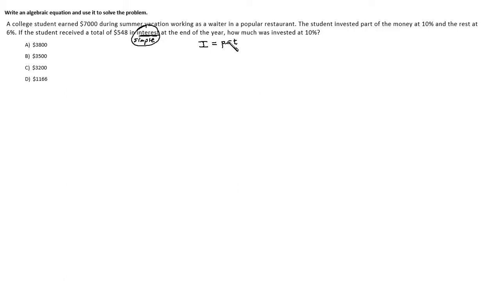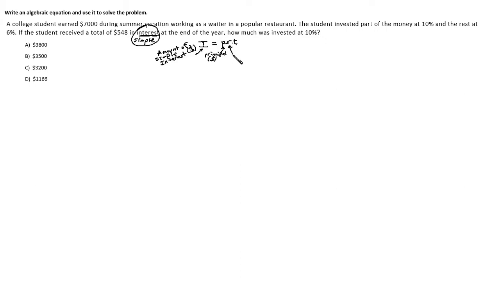I equals P times R times T. I is the amount of simple interest, an amount of dollars. Then P stands for principal, which is the amount of money that's deposited either into an account or the amount of money borrowed. All of this can be used for loans or investments.